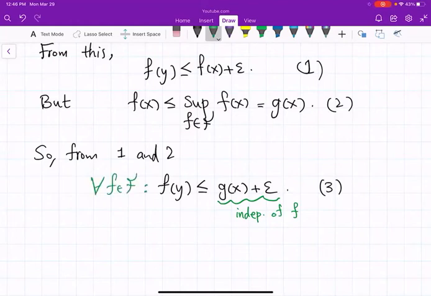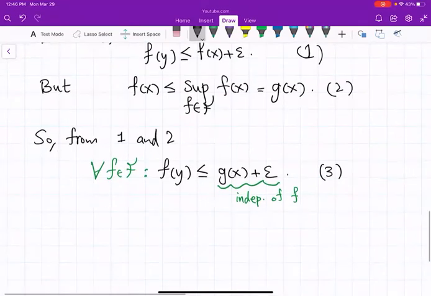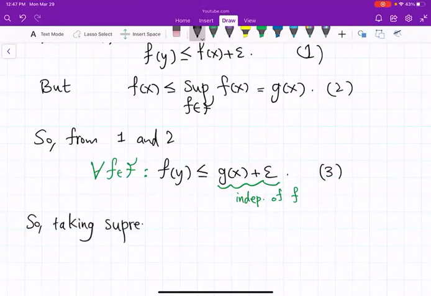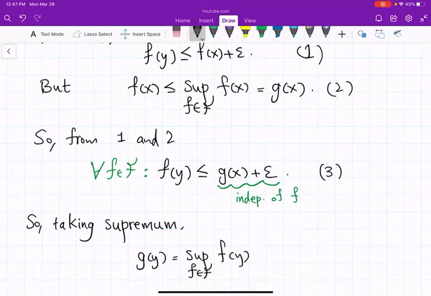As a result, if every single element is less than an upper bound, taking supremum, we get that g of y, which is the supremum of f of y's, f being from the family, is less than g of x plus epsilon. This is 4.